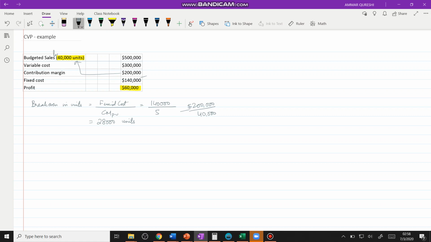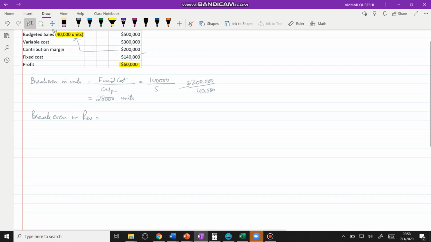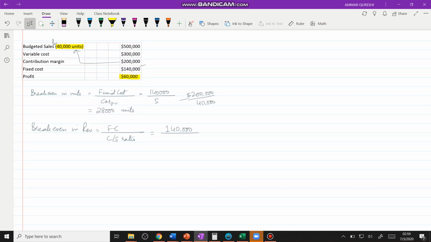Now let's calculate break even in revenue as well. And that is what? That is fixed cost divided by contribution to sales ratio. Now what is fixed cost? Fixed cost is 1,40,000, and CS ratio, now it's up to you. If you want to use total contribution, you may. If you want to use contribution margin per unit, you may.